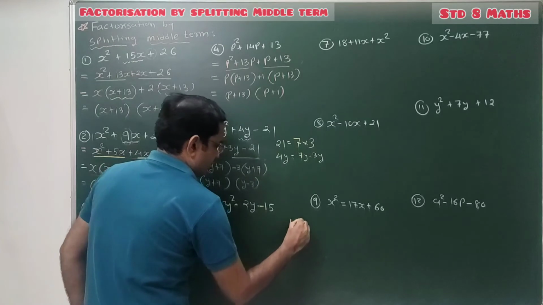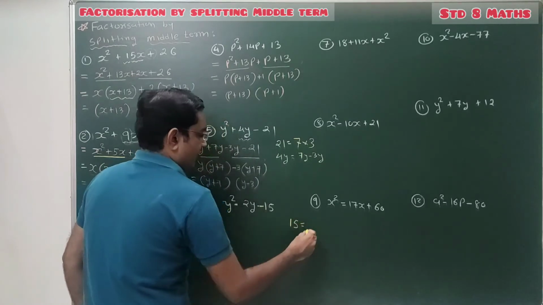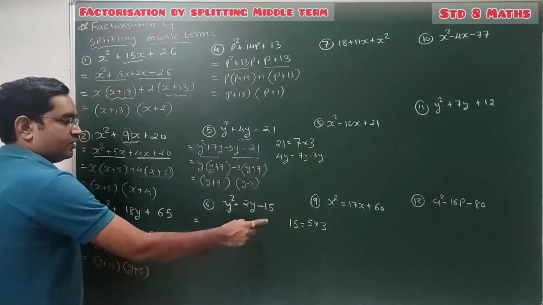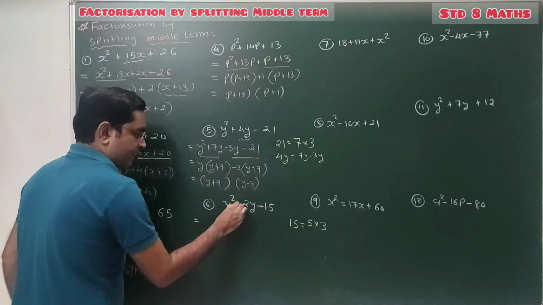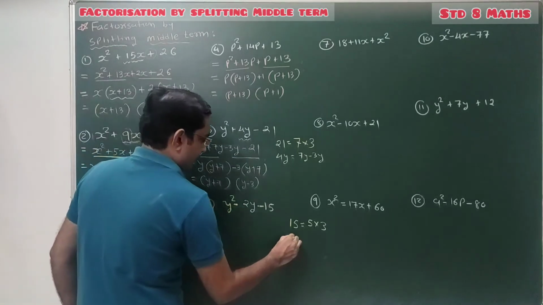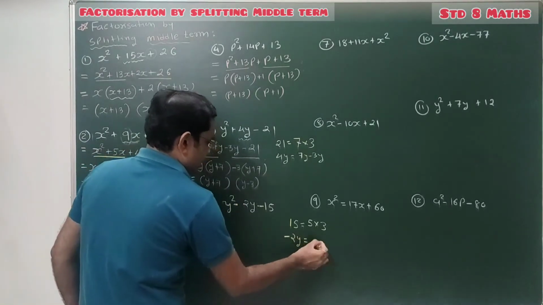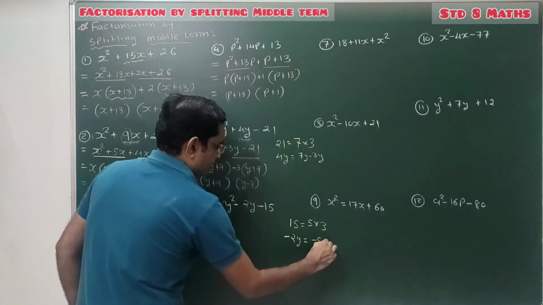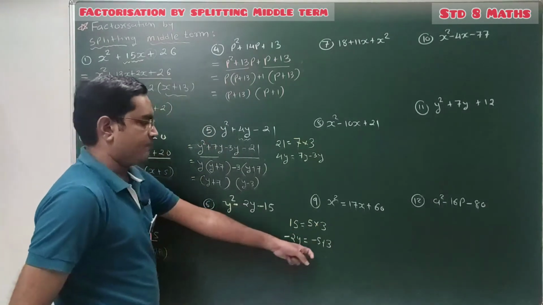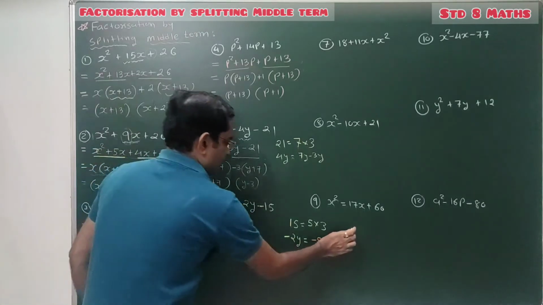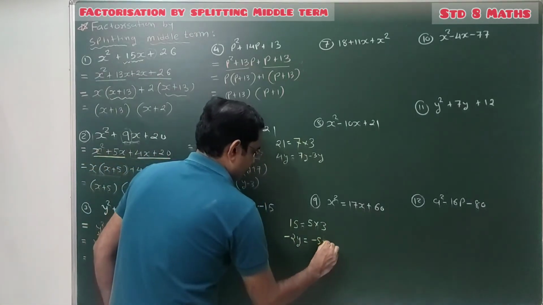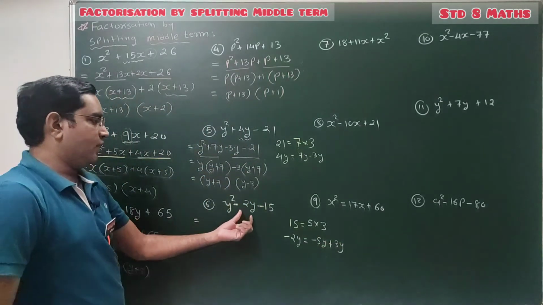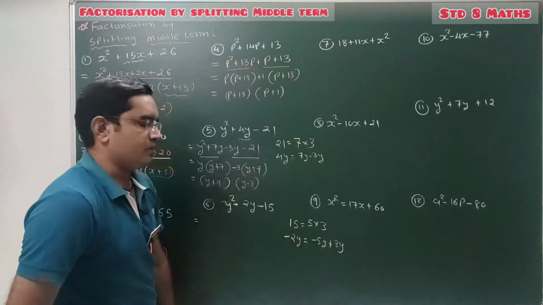So here you can write factors of 15 are 5 and 3, 5 3s are 15, और 5 और 3 के बीच में डिफरेंस भी देखो 2 आएगा, लेकिन हमें लाना है -2. तो -2 कैसे आएगा? -2y. तो लार्जेस्ट फैक्टर है उसको माइनस साइन देंगे. सो -5 + 3 है ना, -5 + 3 करेंगे ना तो -2y होगा. सो -5y + 3y.